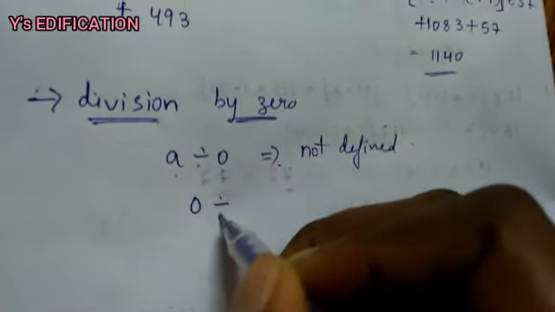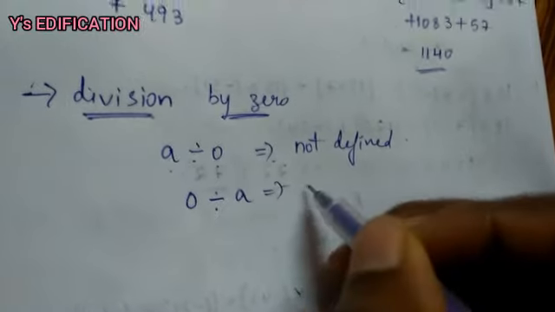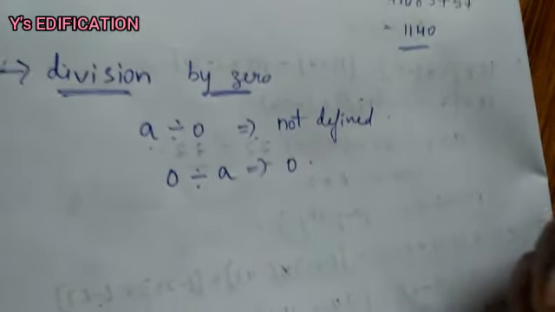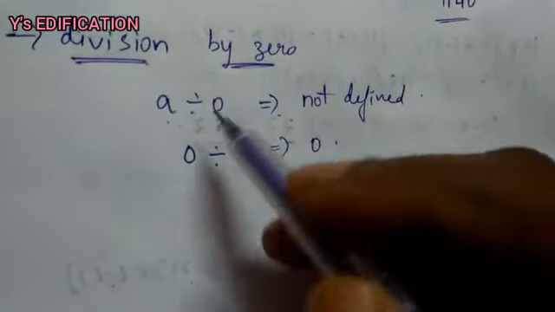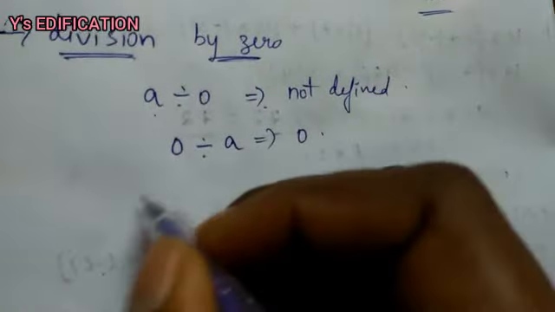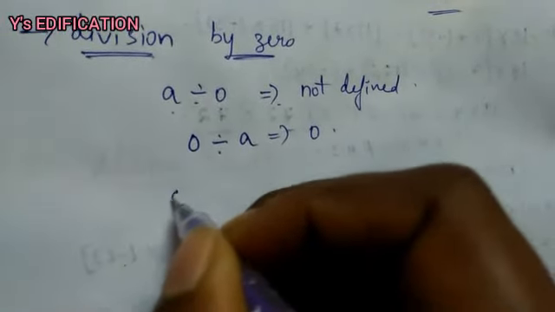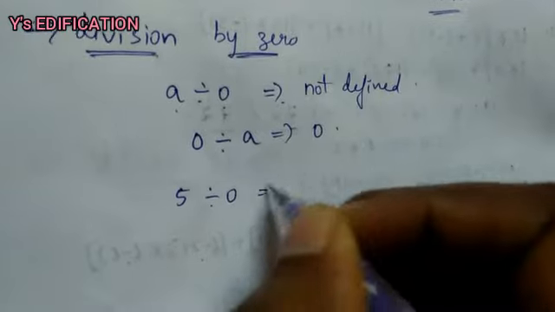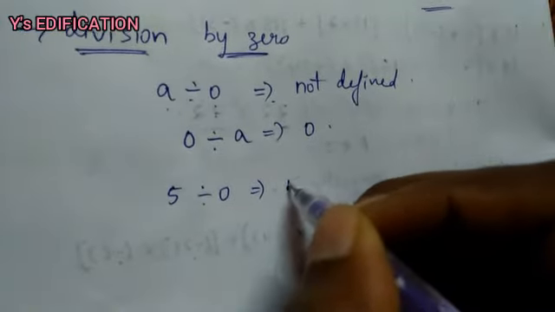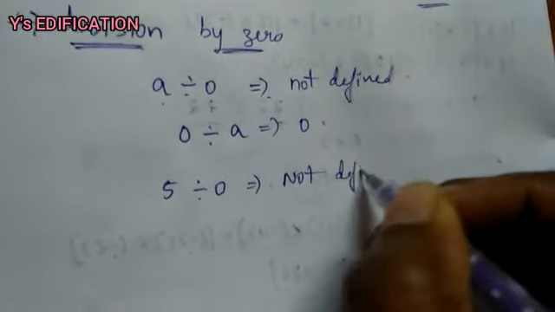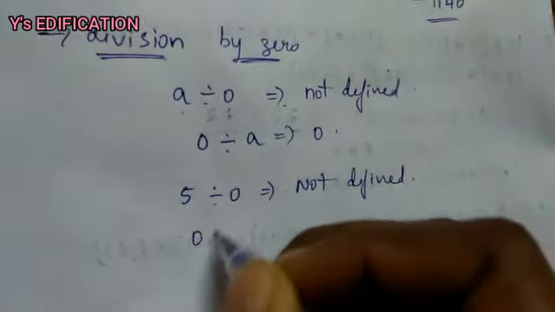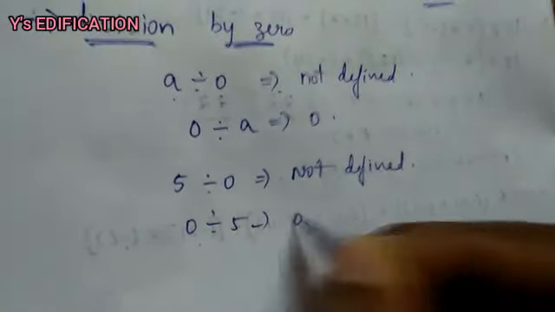But if we divide 0 with any number, the answer is 0. Just don't confuse. For example, if I am going to divide 5 by 0, 5 by 0 is not defined. We can't define this answer. If 0 by 5, we can say this is 0.